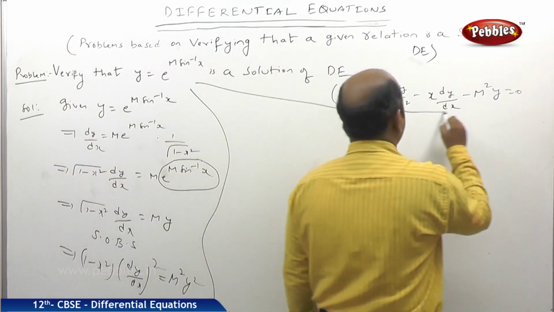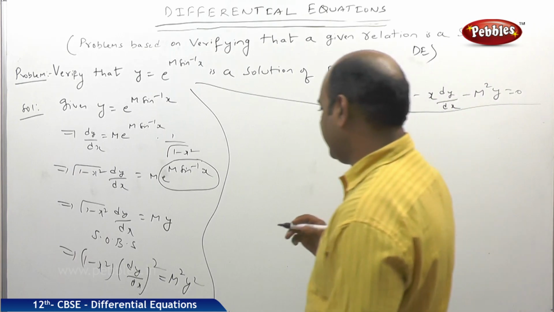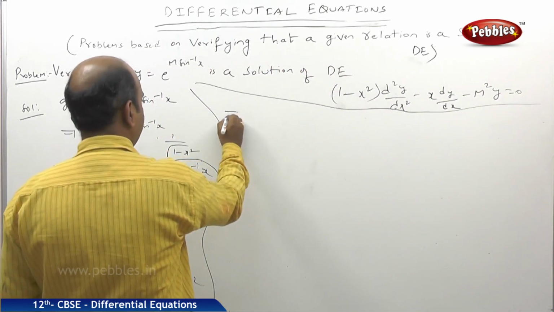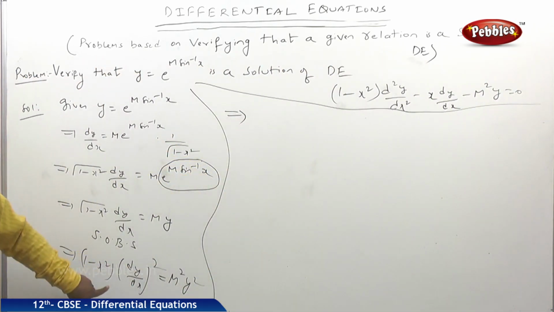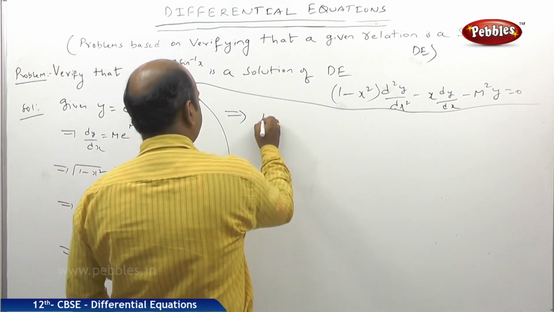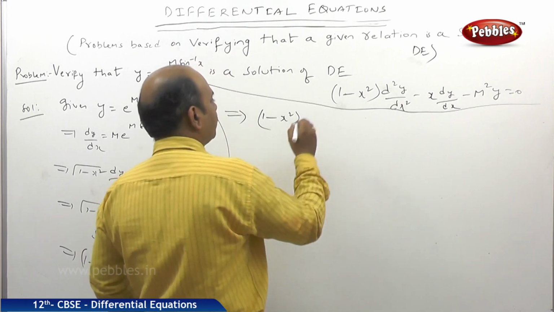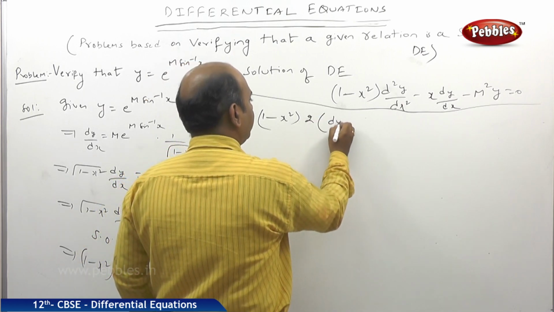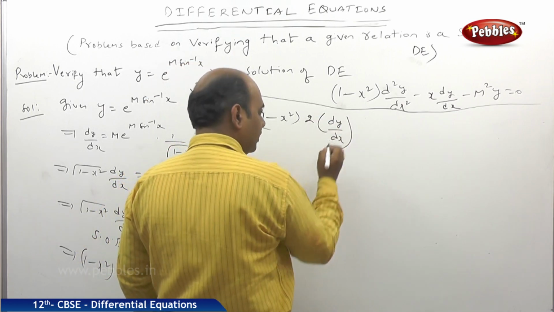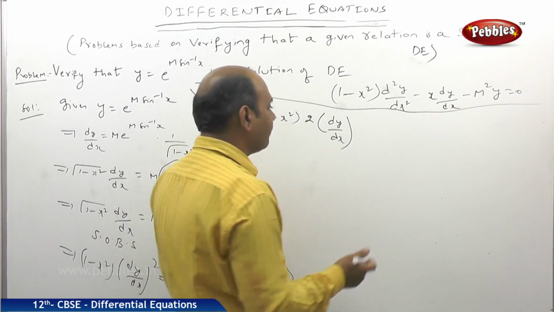Again I will be differentiating another time. Differentiating another time, I think this is like the UV rule. So 1 minus x square into dy by dx whole square, the derivative: 2 into dy by dx, but it is of the form function of a function.